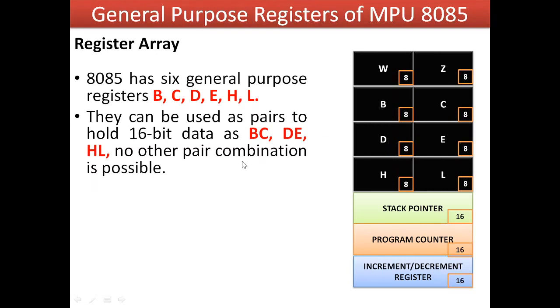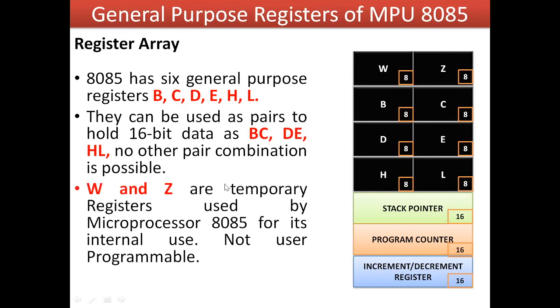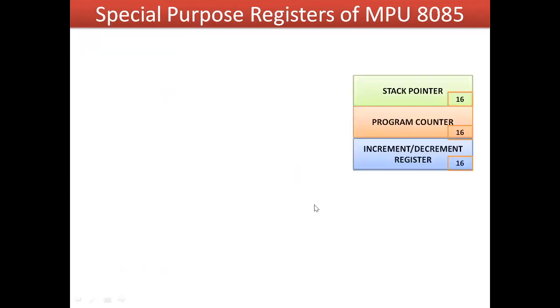No other combinations are possible. Now it also has a temporary register, which is W and Z. This is only used by the microprocessor for its internal use, and it is not user programmable.